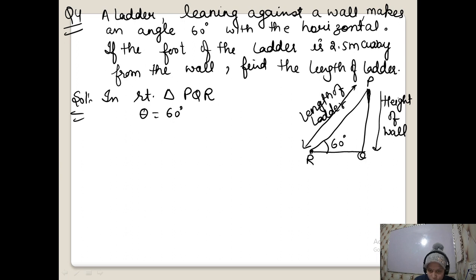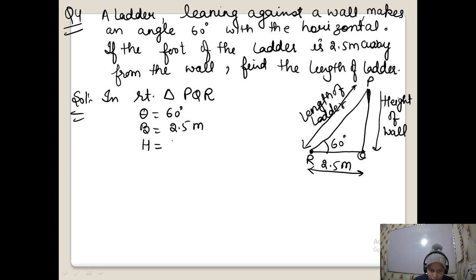This is the foot of the ladder and this is the base of the wall, and the distance between them is 2.5 meter. So we can say that B is equal to 2.5 meter, and we have to find out H.